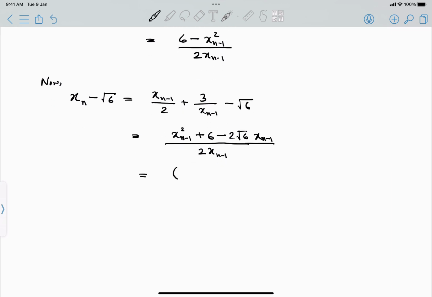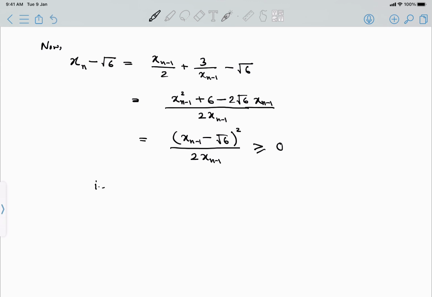So this is (x_{n-1} minus root 6) whole squared over 2x_{n-1}. As all terms are positive, the denominator is positive and the numerator is nonnegative, so this is greater than or equal to 0. So x_n is greater than or equal to root 6 for all n greater than or equal to 1.